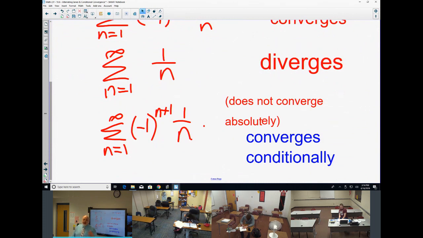So in my brain, next to the words converges conditionally, I have the alternating harmonic series, because I know the harmonic series diverges, but the alternating harmonic converges. And that kind of helps me keep it straight a little bit. So this does not converge absolutely, it converges conditionally.